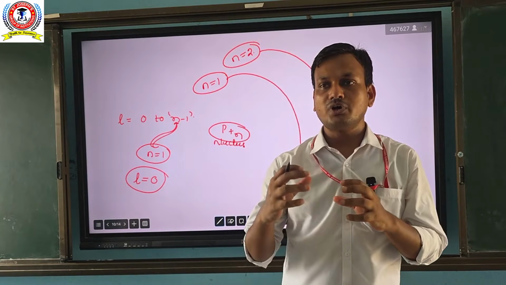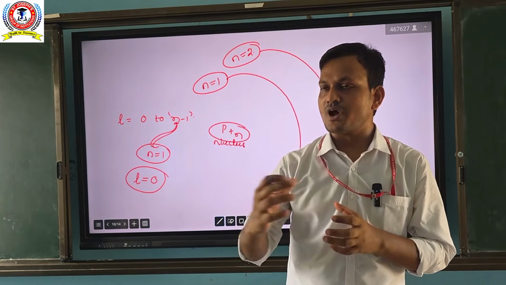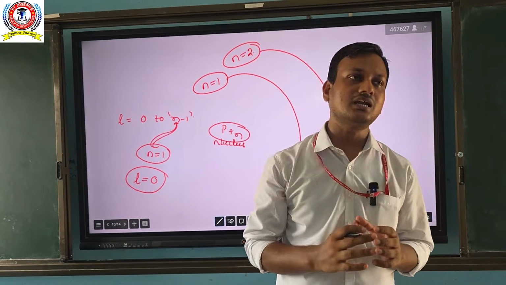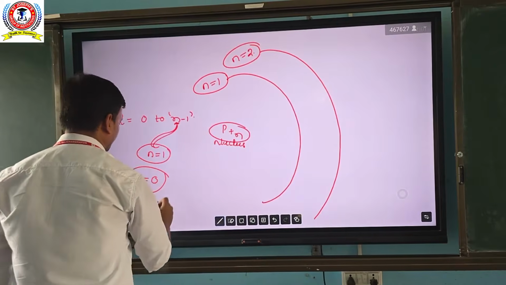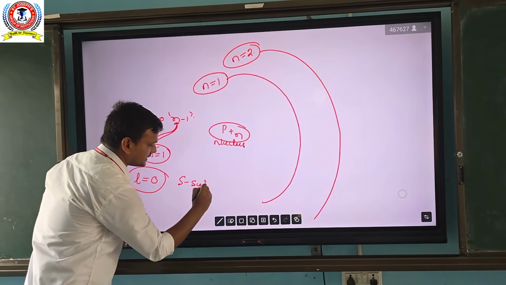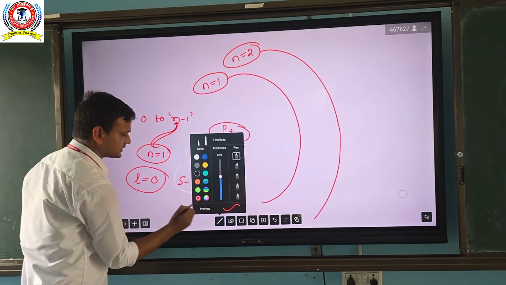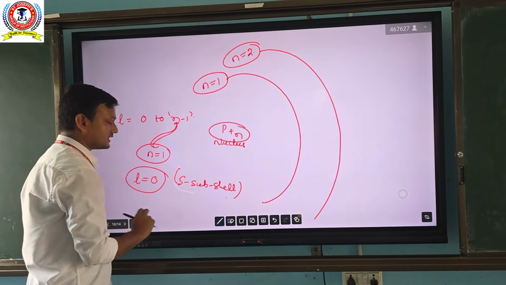That means only one value comes, that is L is equal to 0. Since one value comes, one subcell is present in the first cell, and this subcell is the S subcell.